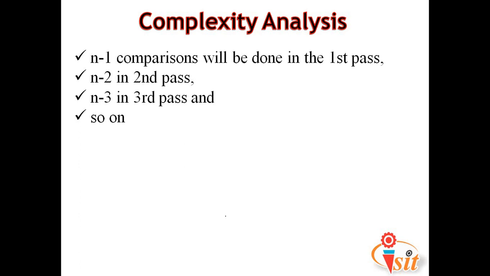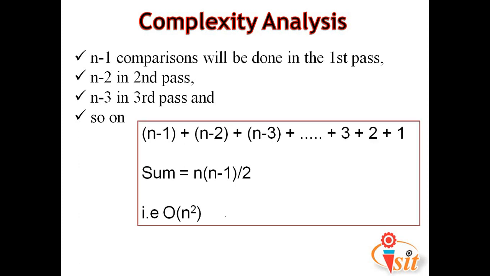So the total number of comparisons will be n minus 1 plus n minus 2 plus n minus 3 up to 1, that is n into n minus 1 divided by 2, which is called big O of n square. This is the complexity of the bubble sort algorithm.